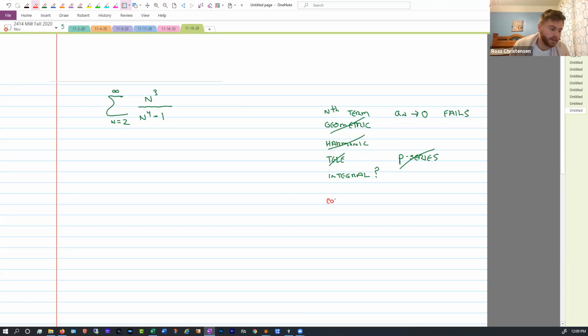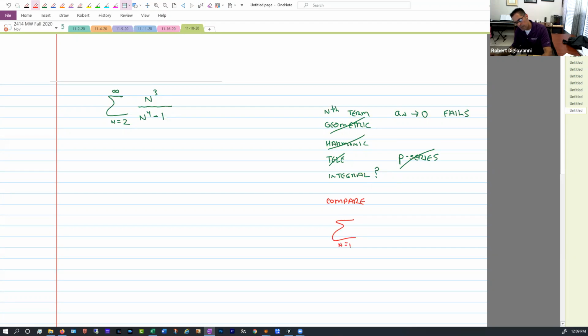You could do 1 over n. Okay, so why did you choose 1 over n? I don't know if this checks out, but in a sense it's very similar to 1 over n. Because if you divide n cubed by n to the 4th, you get a 1 over n kind of thing.